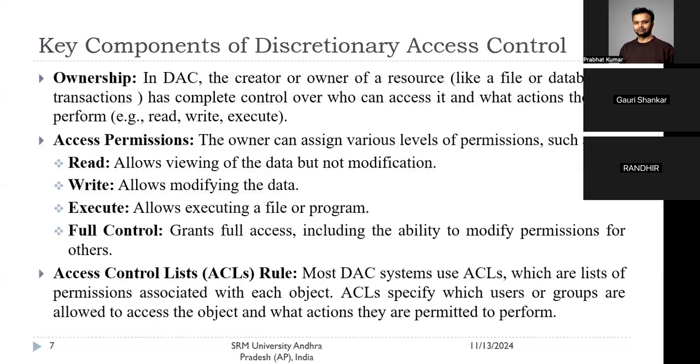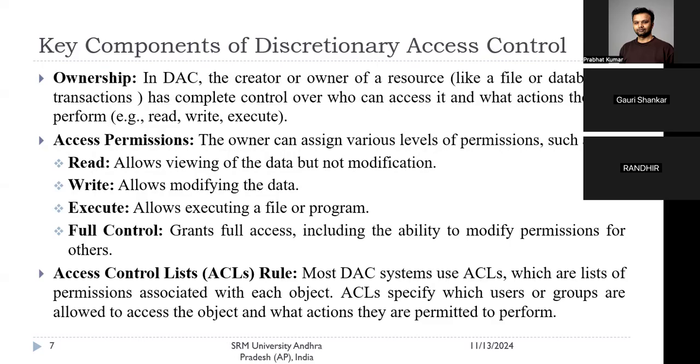Now these are the key components of DAC. Obviously ownership: whoever created that particular data or transaction or file or resource will be the owner of that resource. And some permissions are there, like read permission, write permission, execute permission, and full control.